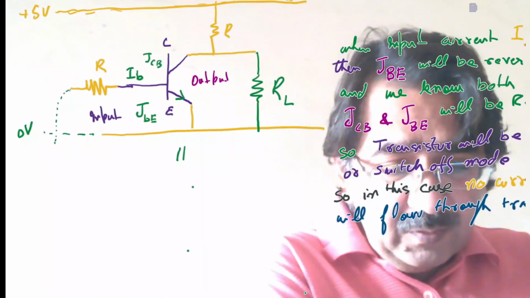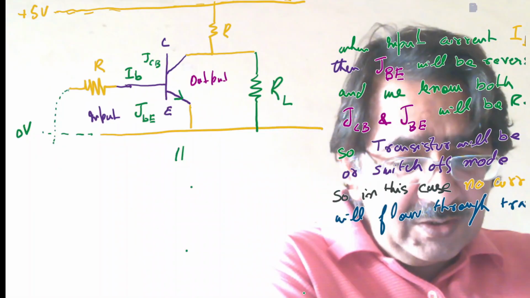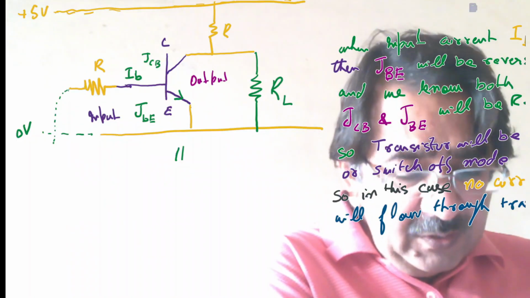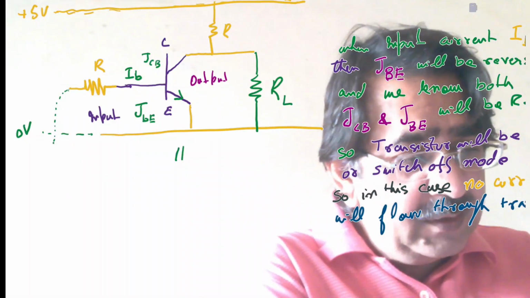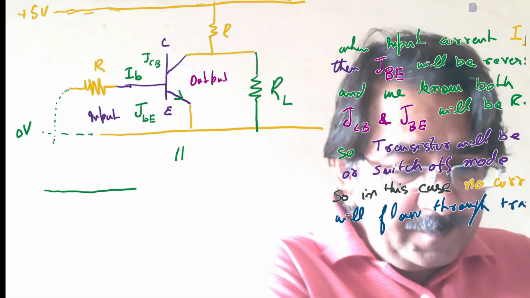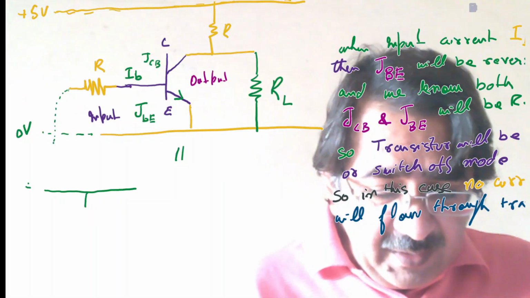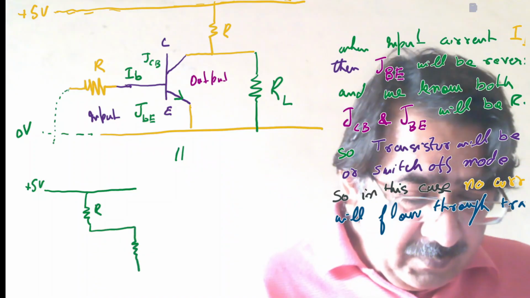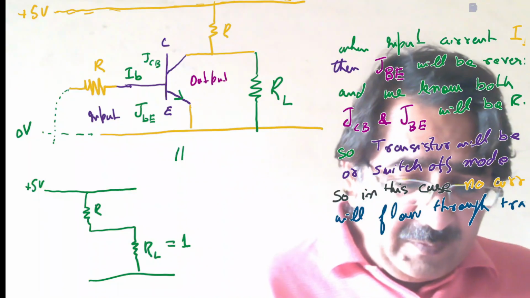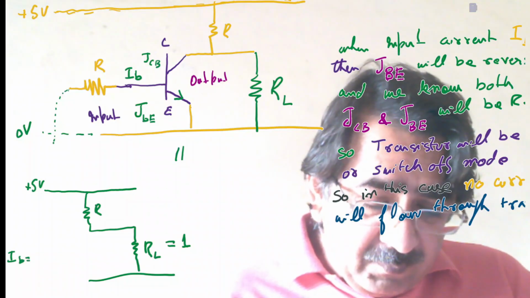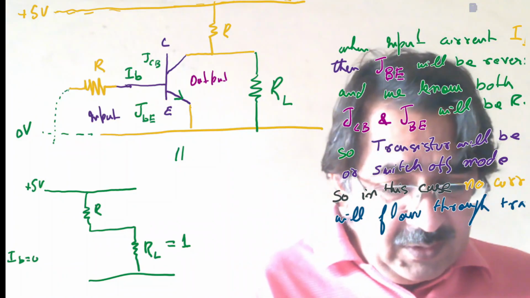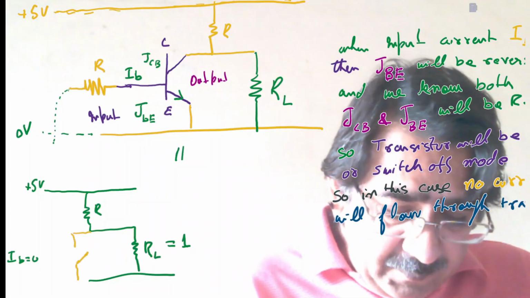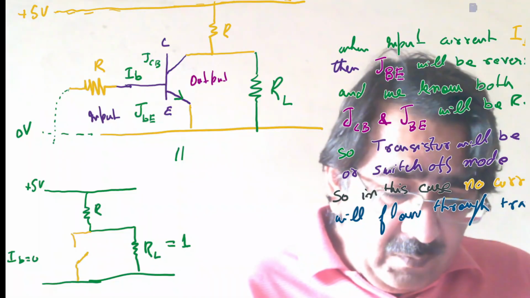When this voltage is zero, meaning the input of the transistor is connected with zero, then all current will be passed through the load RL, because it is at 5 volt, and output will be 1 when IB is 0, because this transistor will behave like open.